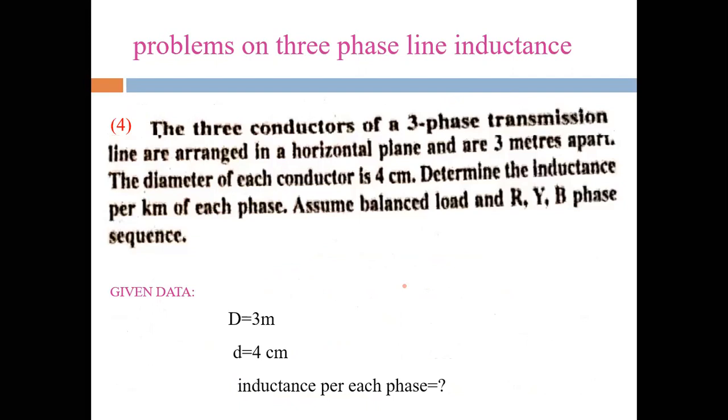Next is where the three conductors are arranged in a triangular shape but with unequal spaces. These are the three problems related to the three-phase overhead transmission systems. Next, problems related to the transposed systems.